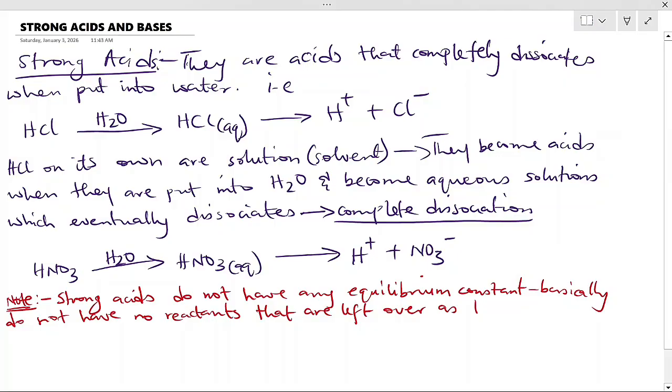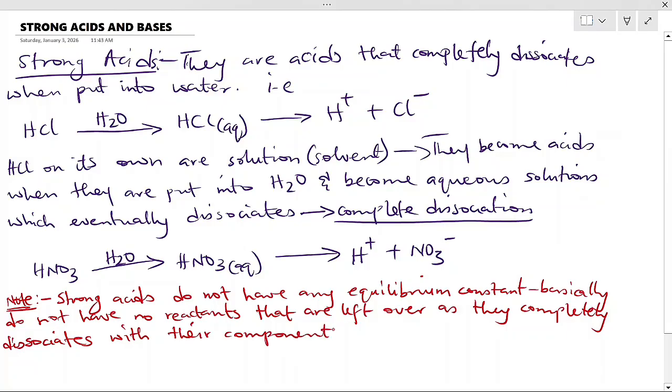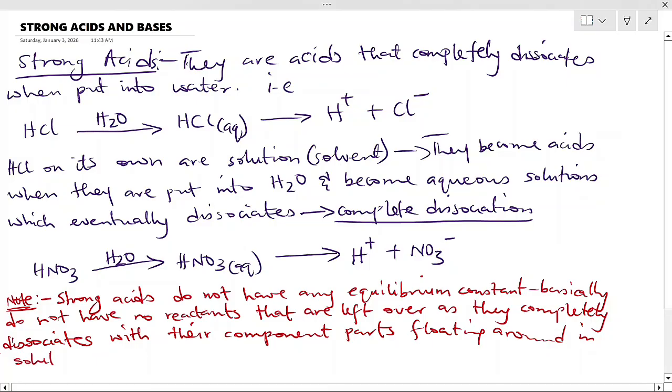As they completely dissociate, their component parts are floating around in solution.